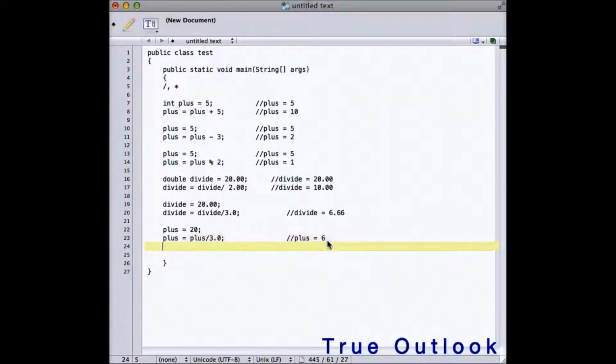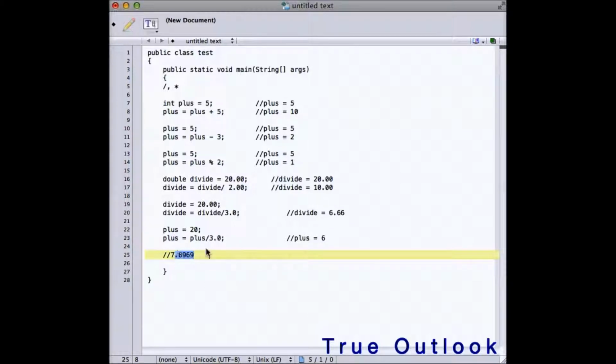So if the answer mathematically should be like that, 7, if this was an int, the answer would actually just be a plain 6, because integers don't hold decimal places.